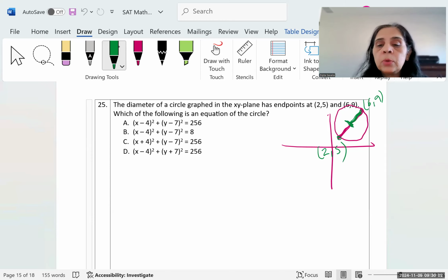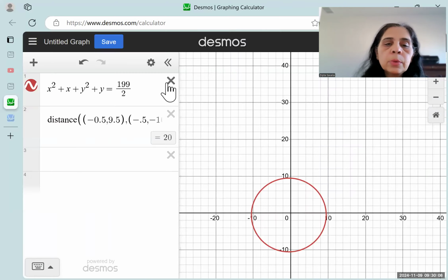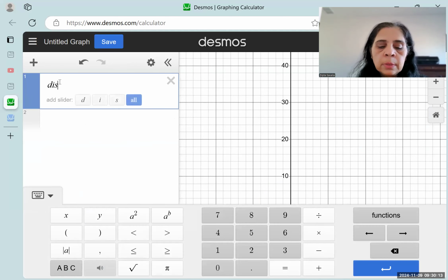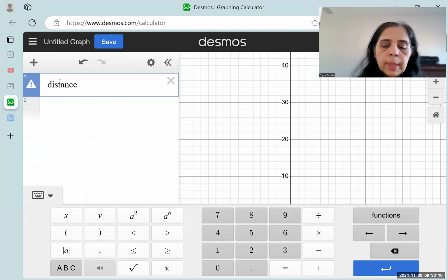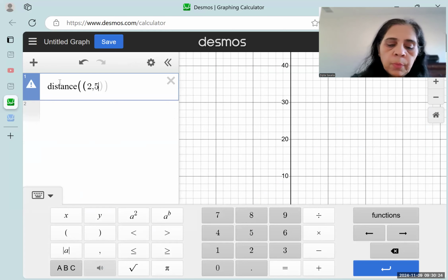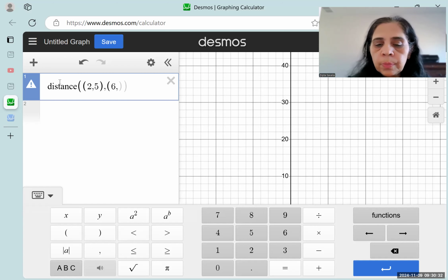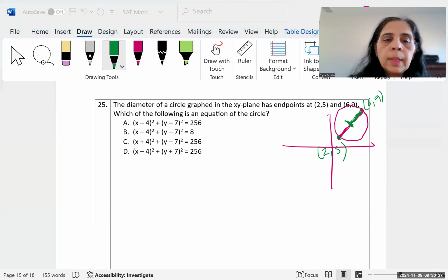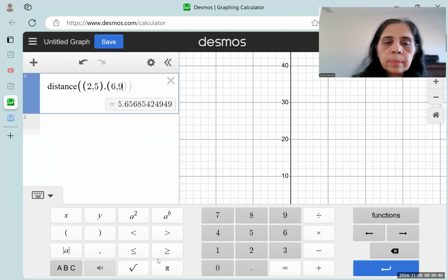All right, so how can we find the distance? You can use the calculator with 2, 5 and 6, 9. So let me show you. Make sure you clear everything first. I will just type distance, and I need to enter one more parenthesis, an ordered pair: 2, 5, comma, 6, 9.